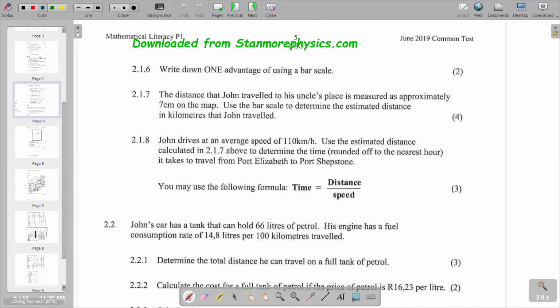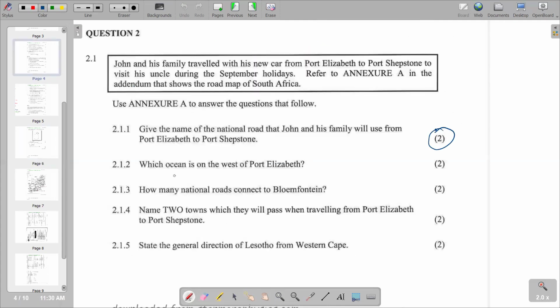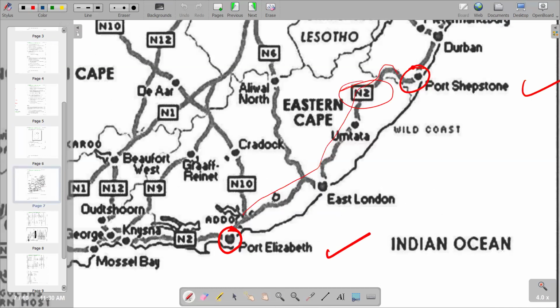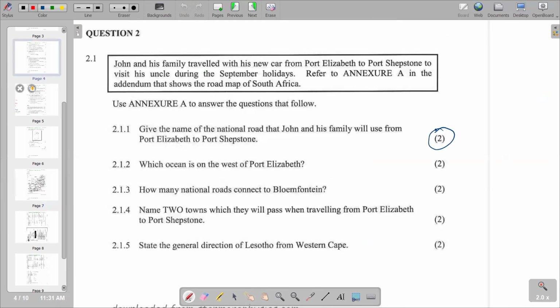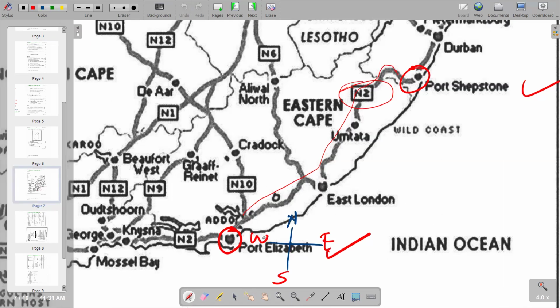Then we go to the next question. Our next question reads, which ocean is to the west of Port Elizabeth? So we go to where we have Port Elizabeth. Port Elizabeth is here. Our north is this side, our south this side, our east this side, our west this side. West is going to be this direction.